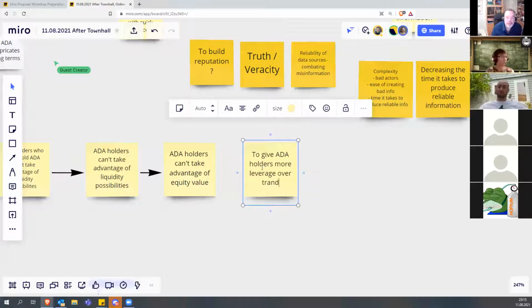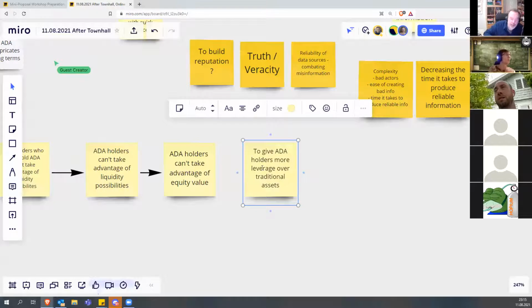Absolutely. And that leverage bit is quite interesting because it's leveraging ADA, Cardano as a financial platform, isn't it, over traditional banks.